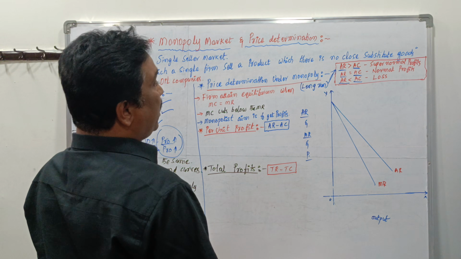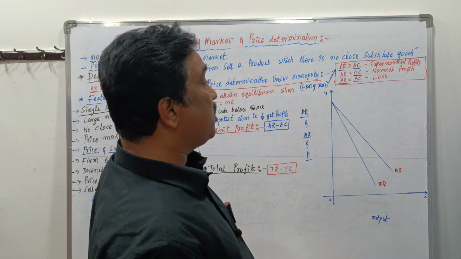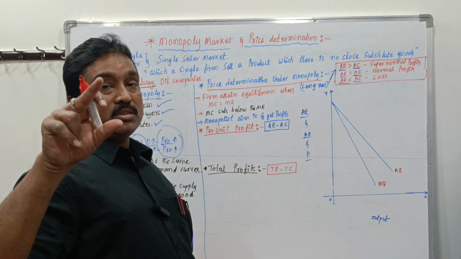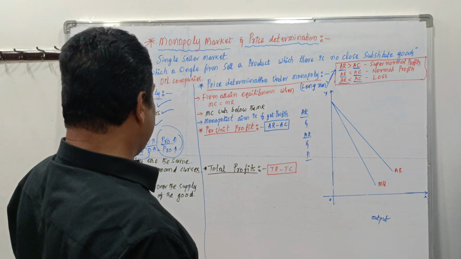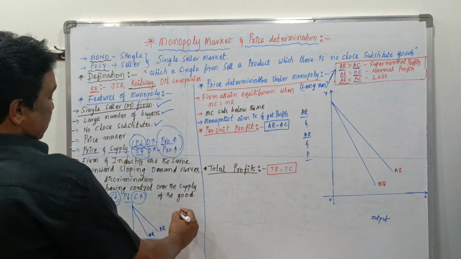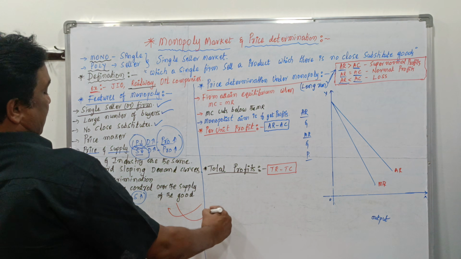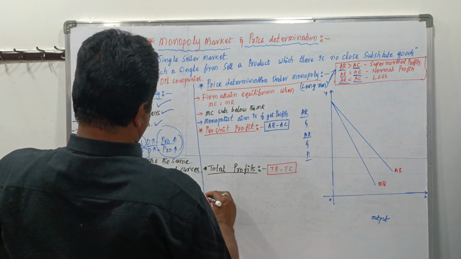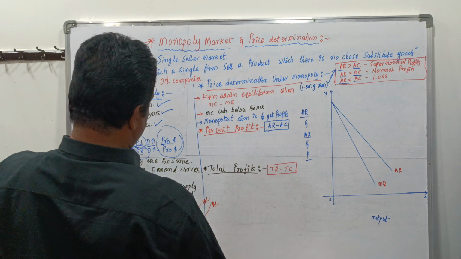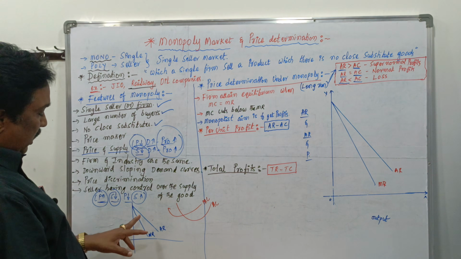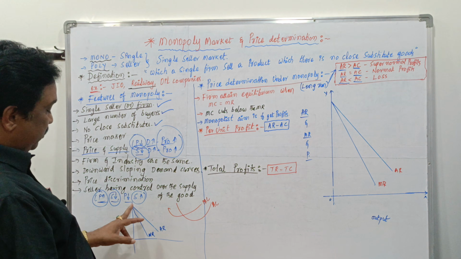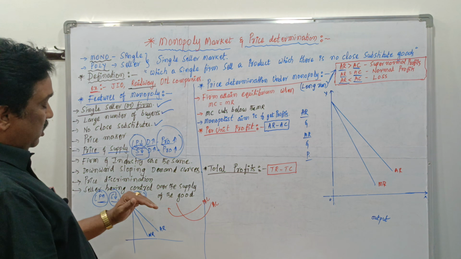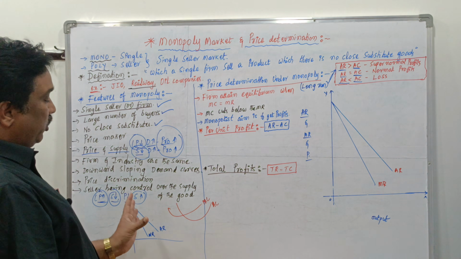So here you know that cost curves always have a U shape. Marginal cost and average cost curves always look like that U shape. AC and MC. So revenue curves always slope left to right downwards, but cost curves have a U shape.